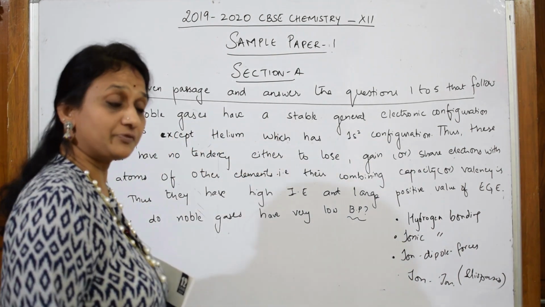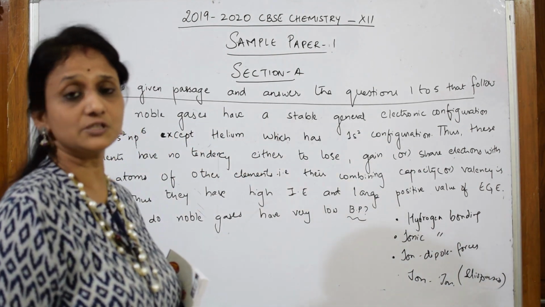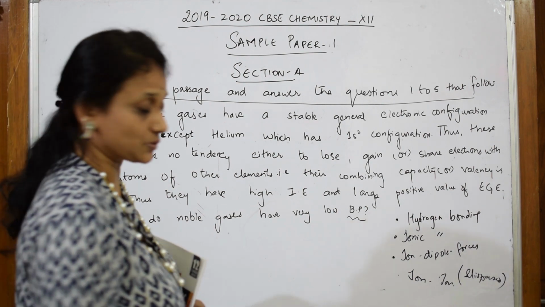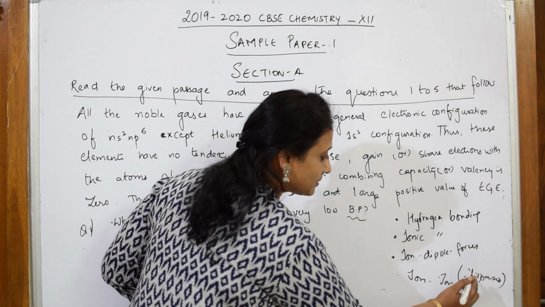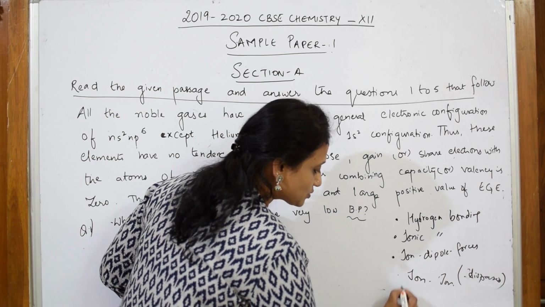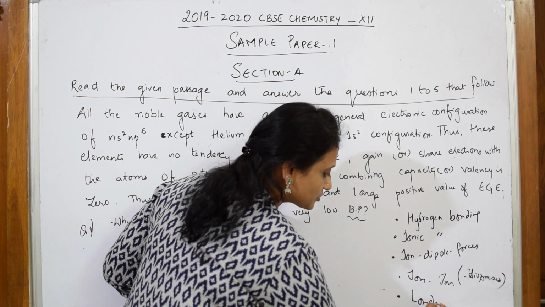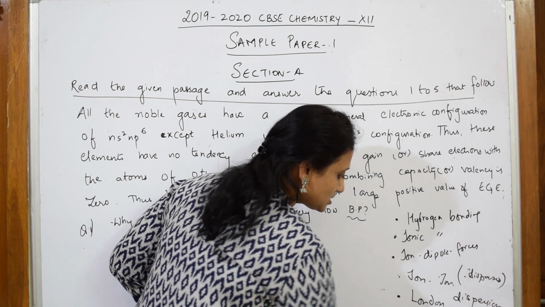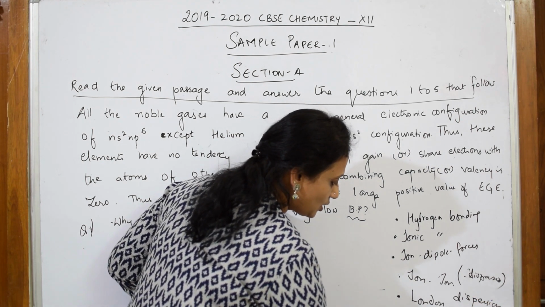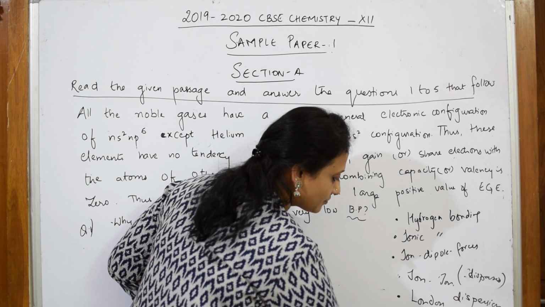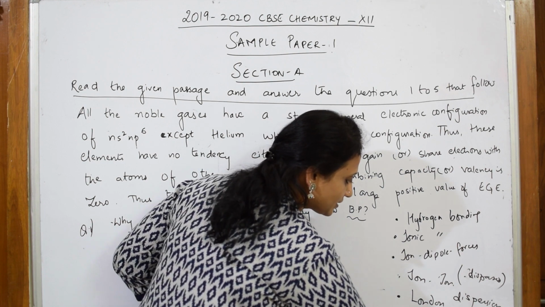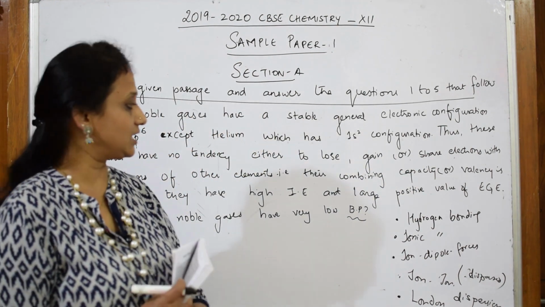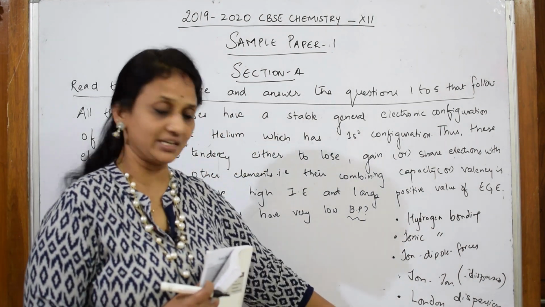After that, one more force of attraction which we call van der Waals force of attraction, the weakest force, or the London dispersion forces. So let me write properly: London dispersion forces, or it is nothing but van der Waals force of attraction. Among the bonding, this is the strongest one, and this is the weakest one.